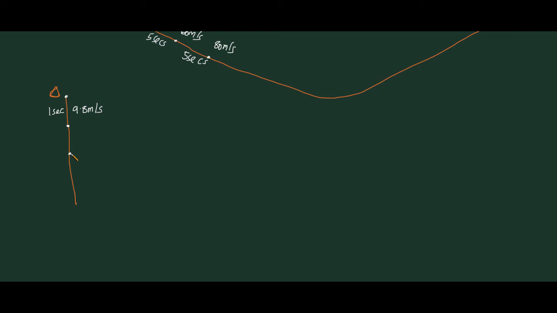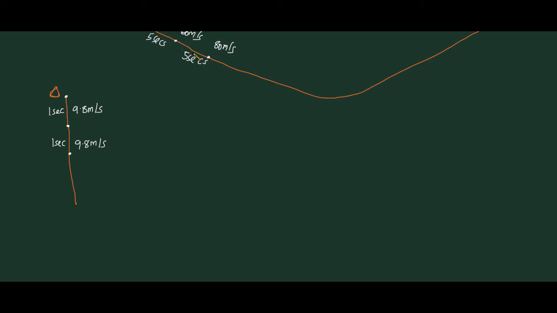To get to another point would also be 9.8 meters per second in 1 second, because the time taken to move from this point to the next new point would also be 1 second, and the change in velocity will still remain 9.8 meters per second.